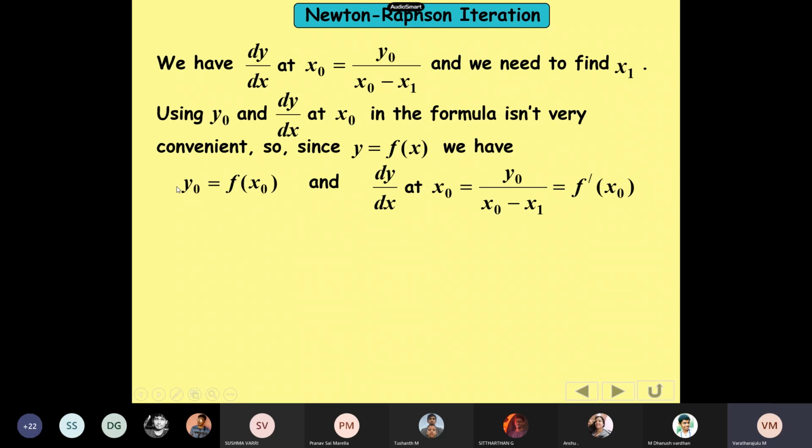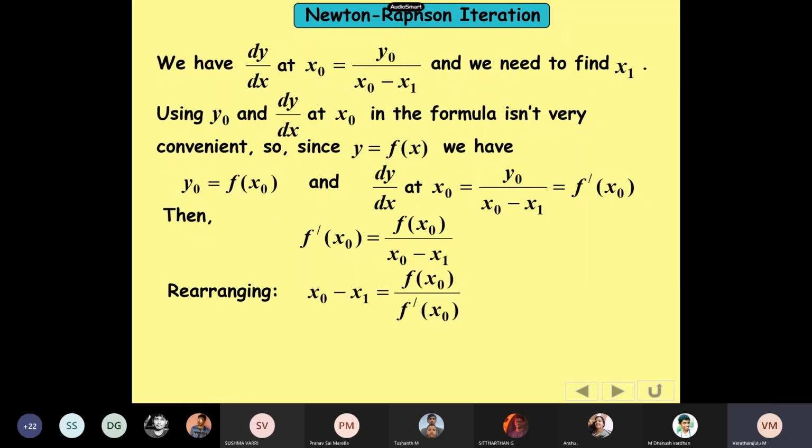The given function of y is an initial condition. By differentiating it, the RHS would be f dash of x, which is known, that is usual. So f dash of x is equal to, instead of y naught, f of x naught divided by x naught minus x1. My objective is to find x1, so I make some mathematical rearrangements. x naught minus x1 is equal to f of x naught divided by f dash of x naught.